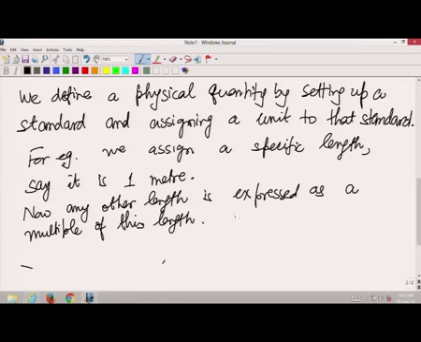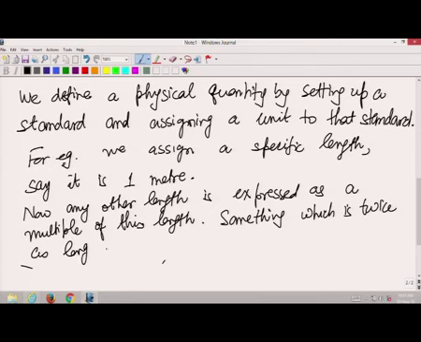So, something which is twice as long as the standard length we will say this is 2 meters.